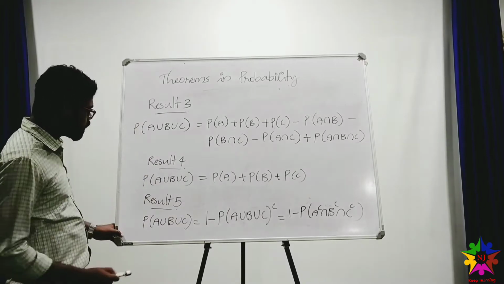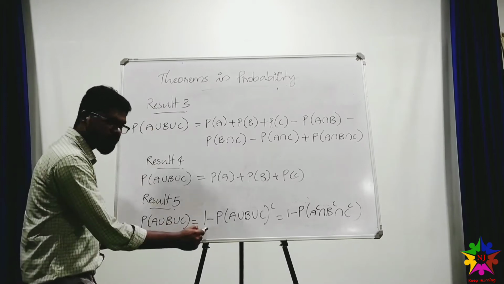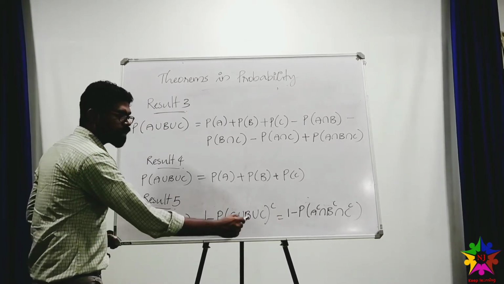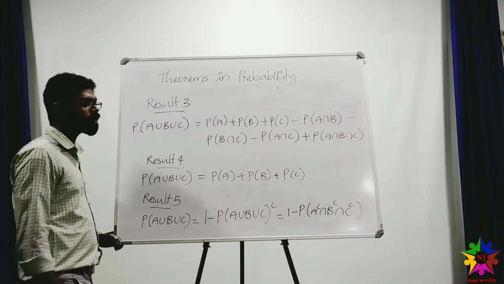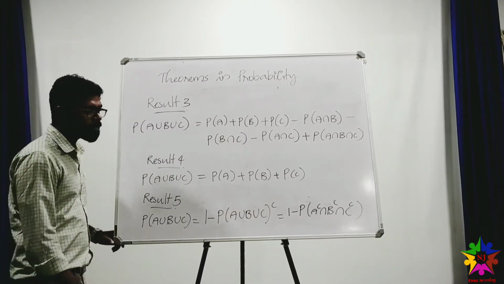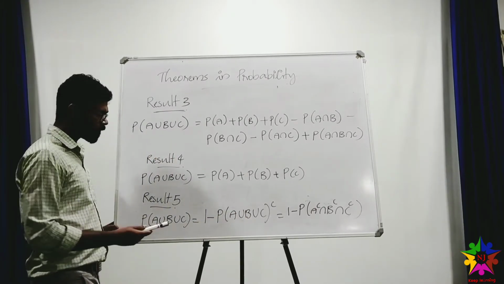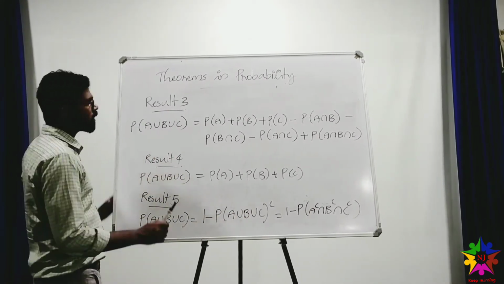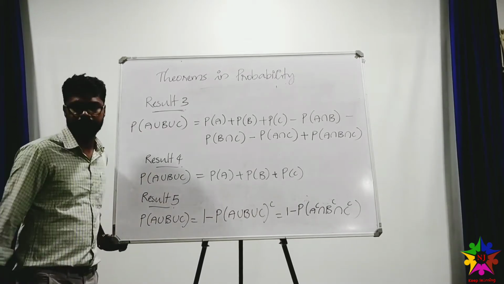And the result 5 is probability of A union B union C is 1 minus probability of (A union B union C) complement, that is 1 minus probability of A complement intersection B complement intersection C complement. You just recall the result 2 that we have discussed just before. And these are the 5 results of the theorems of probability.